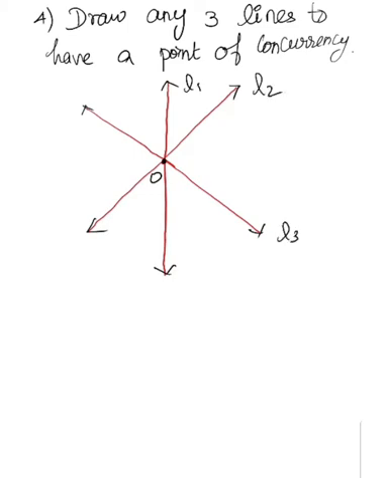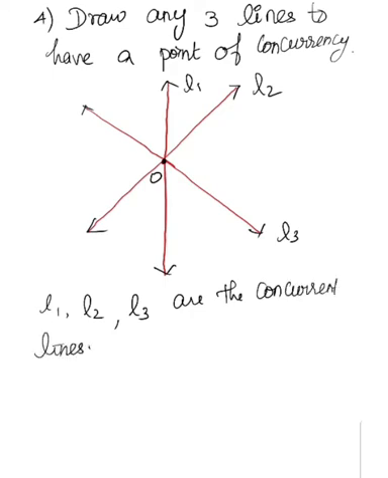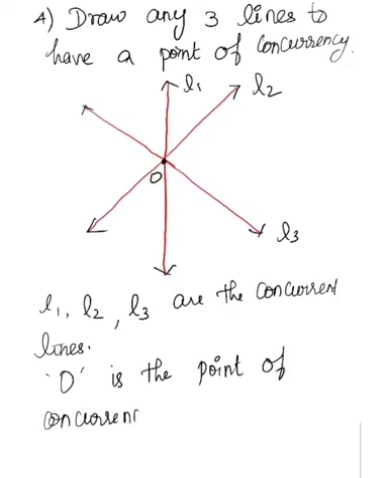So L1, L2, L3 are the concurrent lines. O is the point of concurrency. Did you get this?